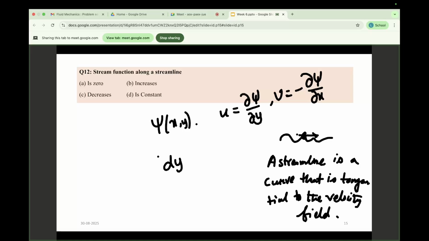So what is tangent? Tangent means dy/dx. In the velocity field, there is the u component and the v component, so we can write dy/dx as v by u, right?